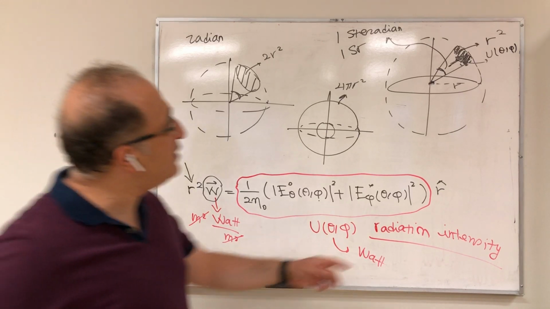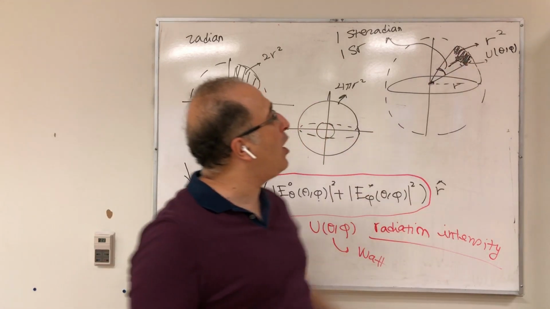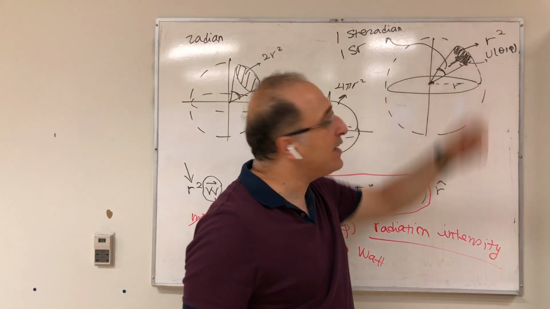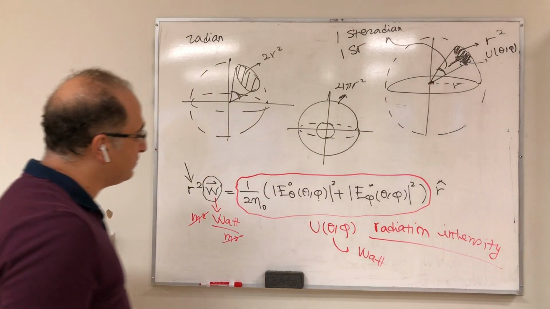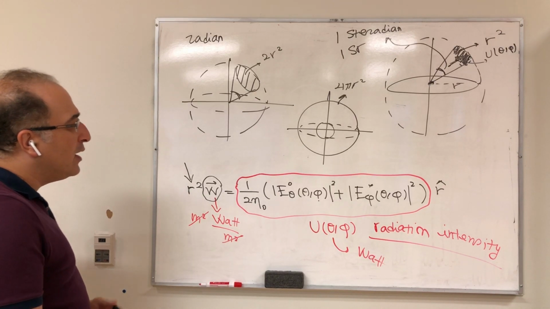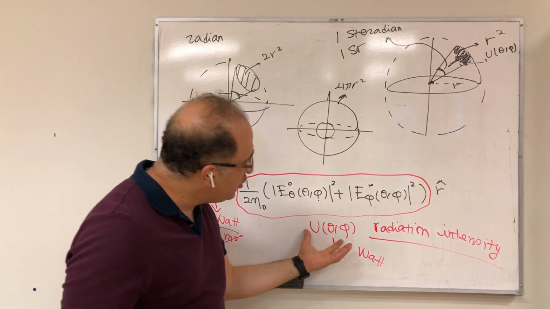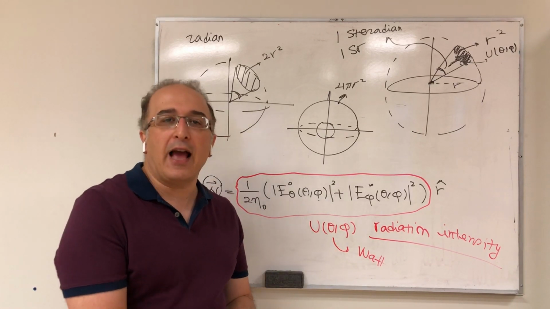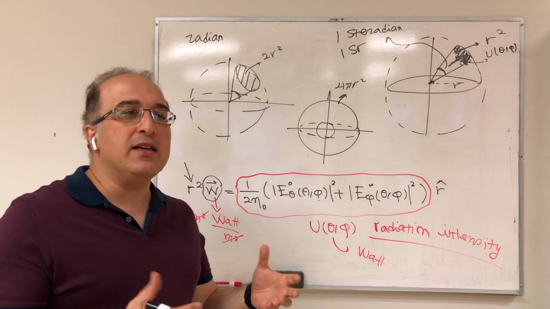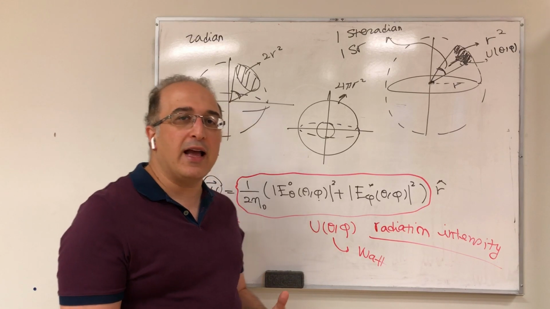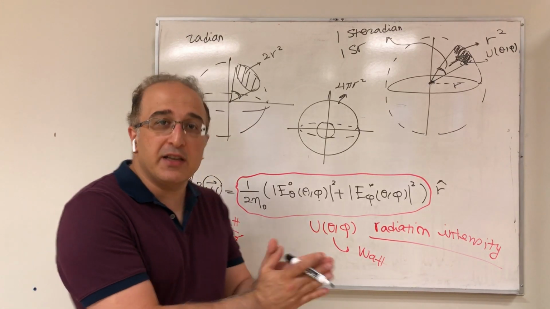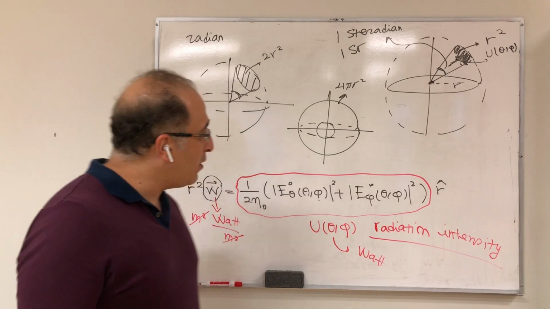And then I already know if the area is R squared, this is essentially a solid angle of 1 steradian. So I can define U, theta, and phi as power per unit solid angle, because this is going to be the power within this particular cone.